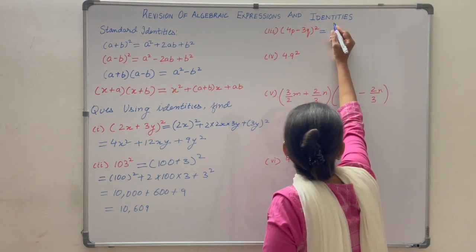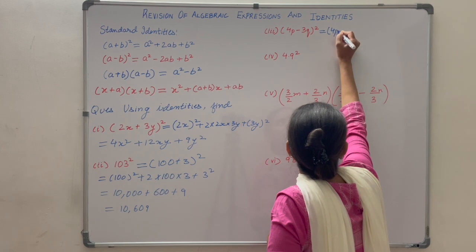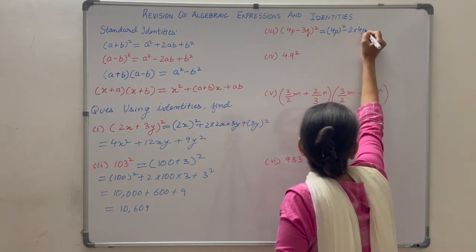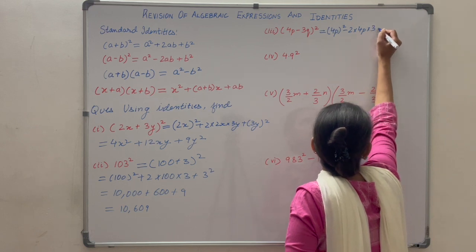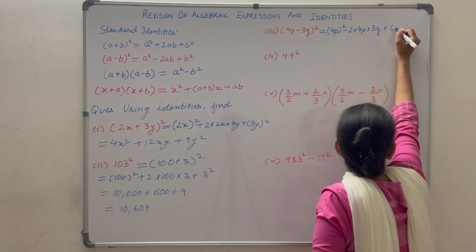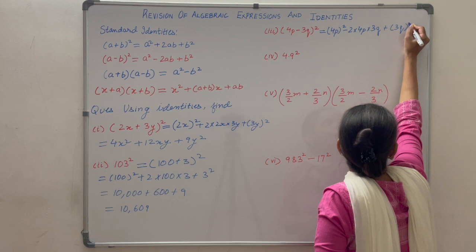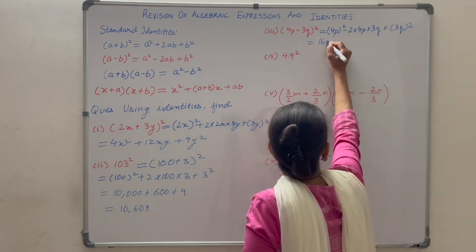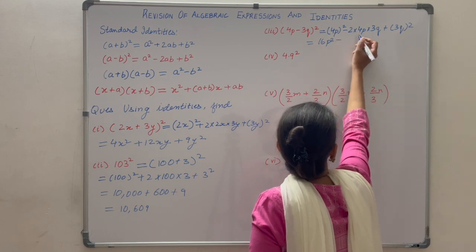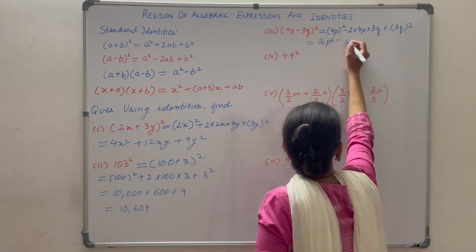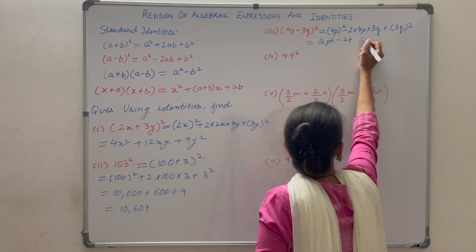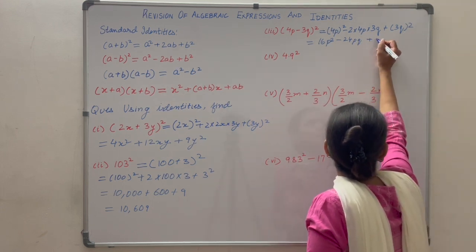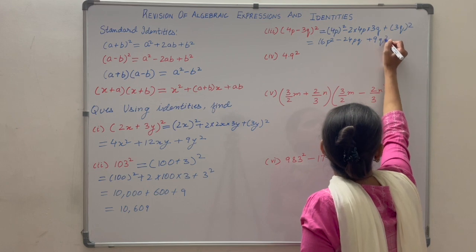So this is equals to (4p) whole square minus 2 into 4p into 3q plus (3q) whole square. So (4p) whole square is 16p square minus 4 into 2 is 8, 8 into 3 is 24, p into q is pq. (3q) whole square is 9q square.